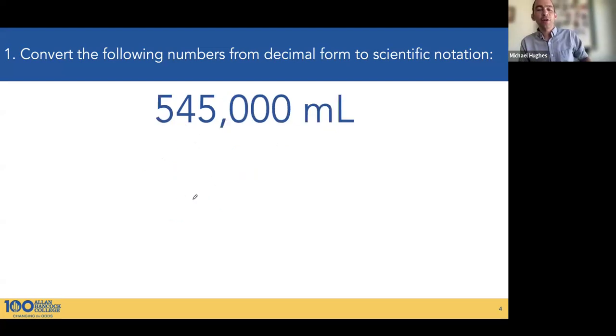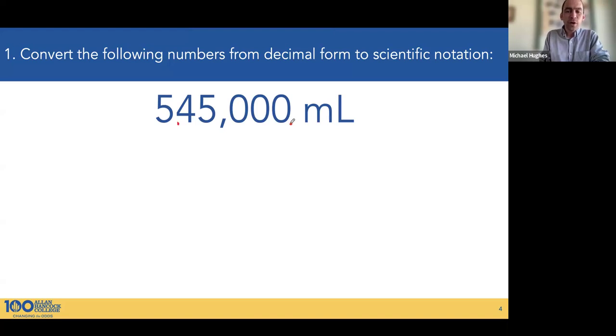545,000 milliliters. So we don't have a decimal point, so we'll put one here, but we'll keep track of that when we think about what to do with these zeros, because we don't know if they're significant without a decimal point. But from this location to move to a number between 1 and 10, that would be 5.45.